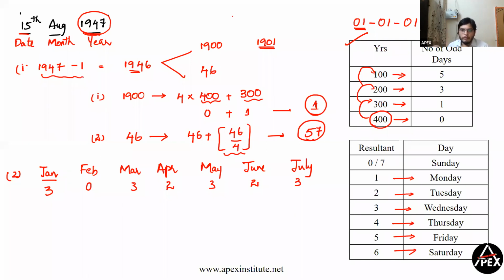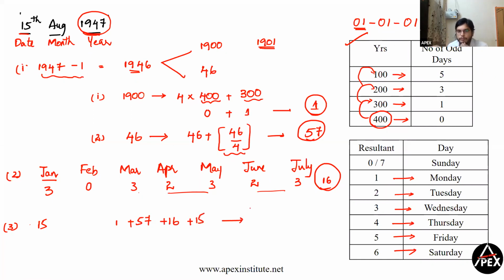What is the total of all this? 3 plus 3, 6, 6 plus 5, 11, 11 plus 5, 16, isn't it? So let us consider 16. Put this aside. Now, third, consider the date. Given is 15th August. Now, add all this: 1 plus 57 plus 16 plus 15.